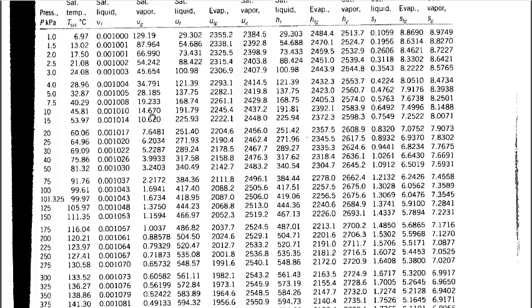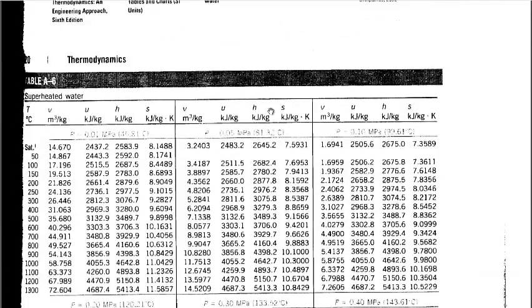And if we were just to carry this experiment a little bit further, we could look at, say, the saturated vapor entropy, 8.1488. So when we go to table A6, we see that it's the same, 8.1488 kilojoules per kilogram Kelvin. So that top line of each of the subtables corresponds to the saturated vapor properties at that pressure.